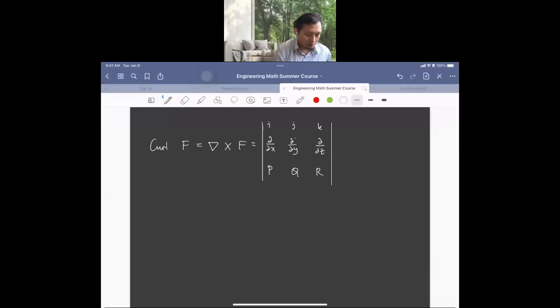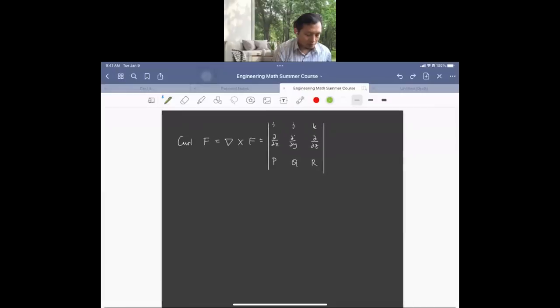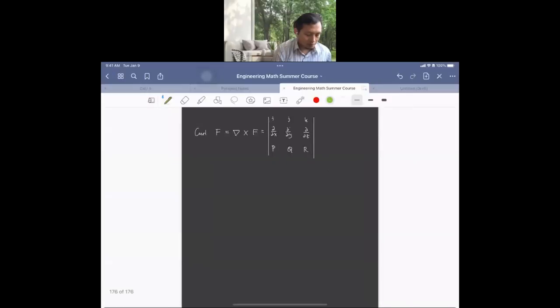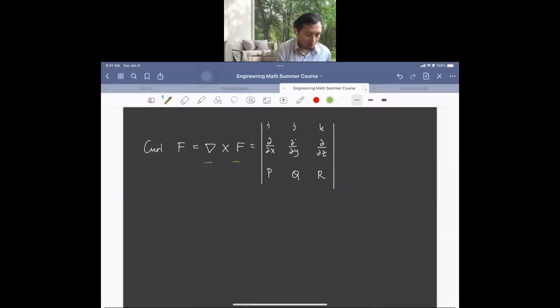We take the determinant of this part here, multiply with i, and so on for negative j and for k. That is why we have this definition here. But I think you can just stick to del cross F. So the curl is del cross F.